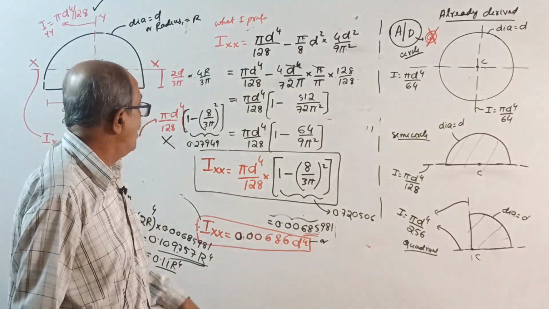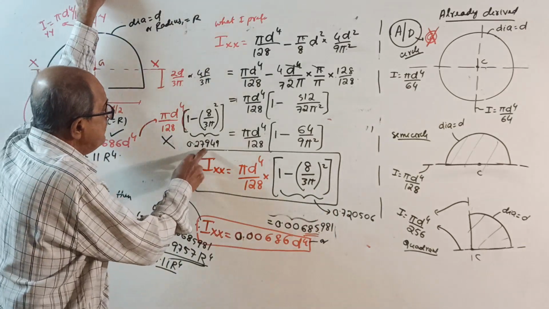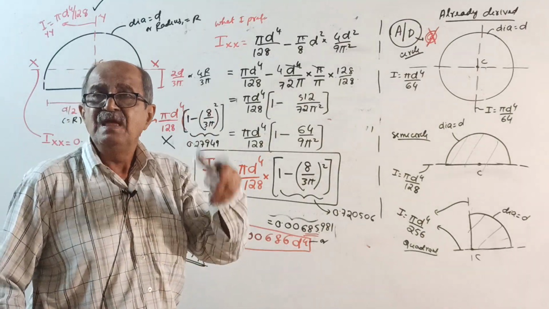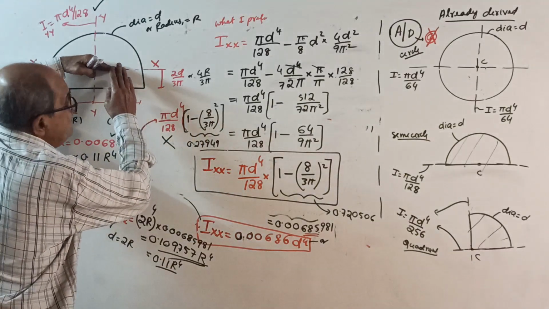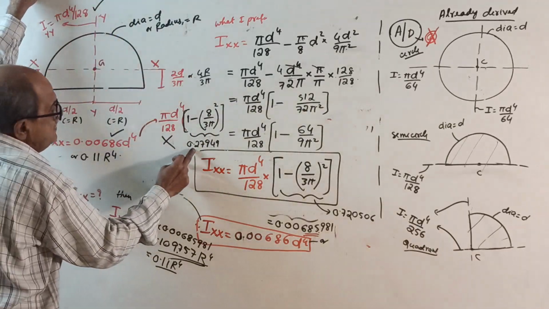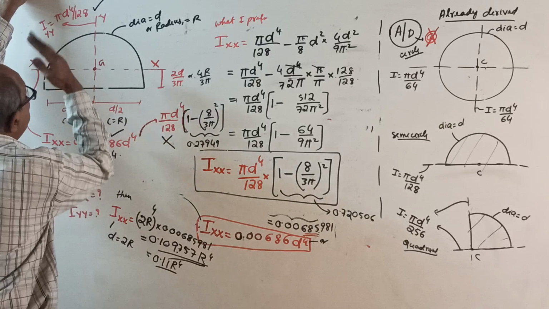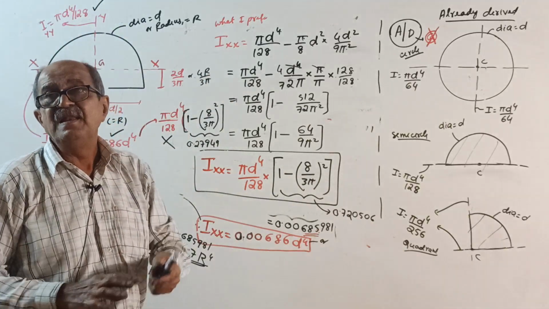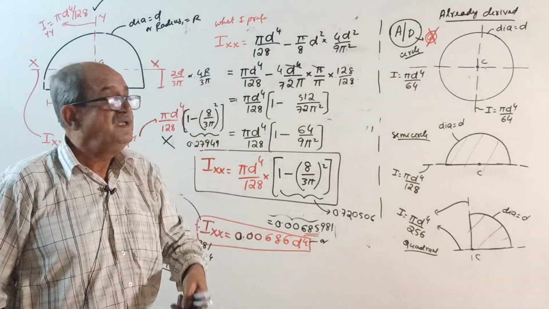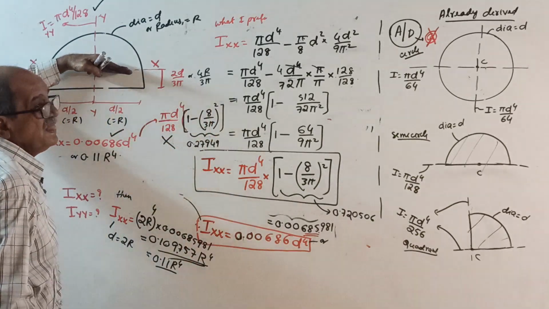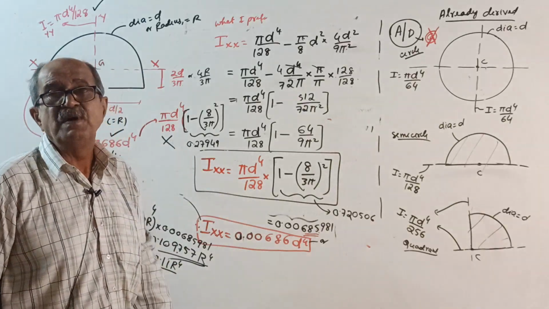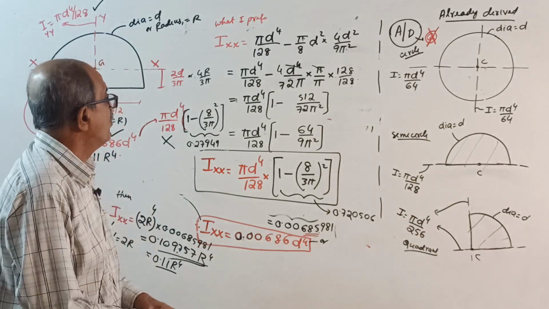I about xx is only 27.949% of Iyy. That is, if symmetry is there, then whatever I is there, if it is not symmetrical here, it is only 27.949%. That is much more clarity, but nobody wants it.